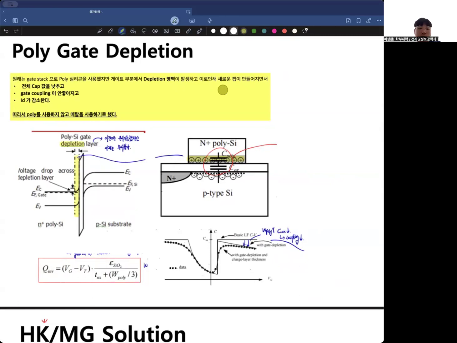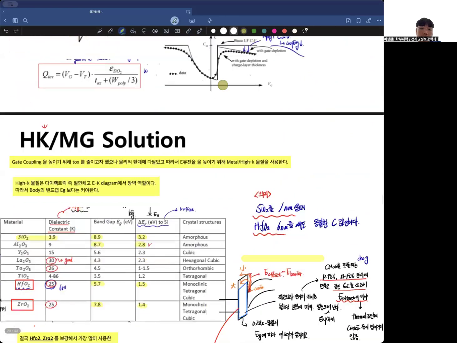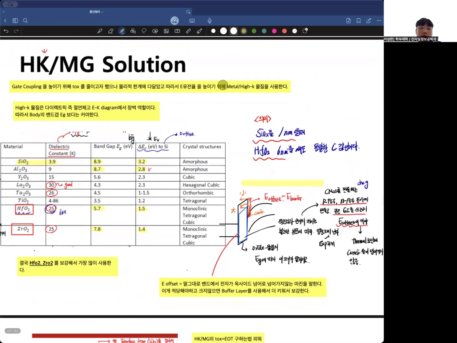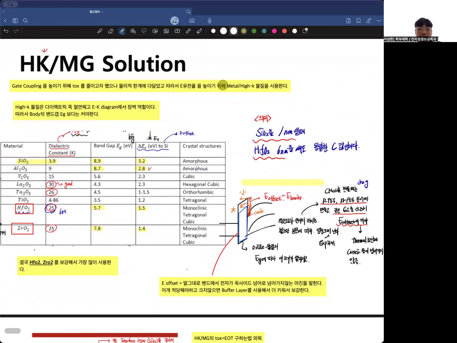We can take the method of changing the material. So we can change the polygate to a metal gate.